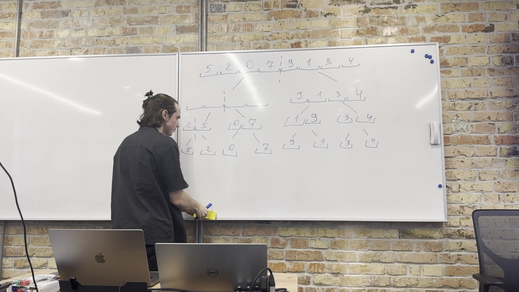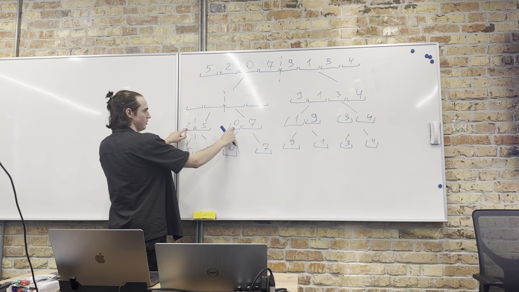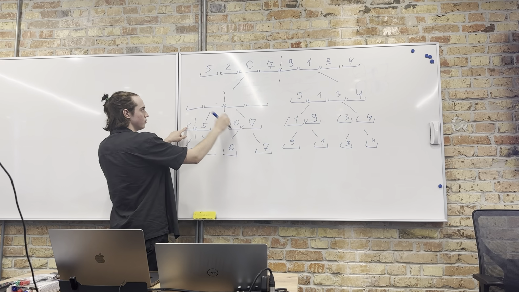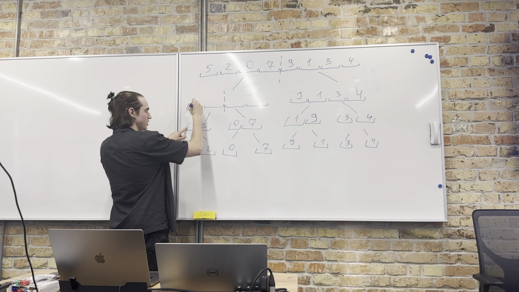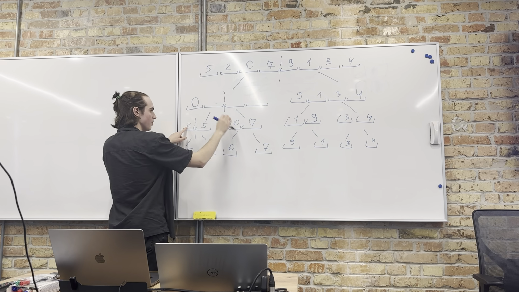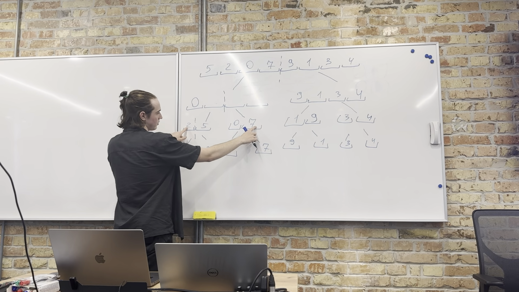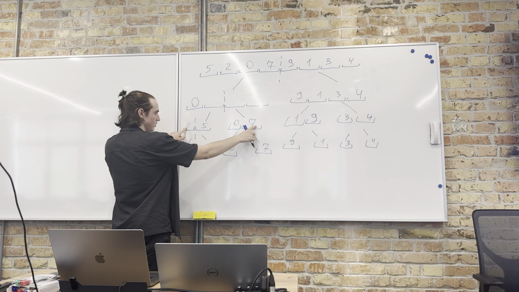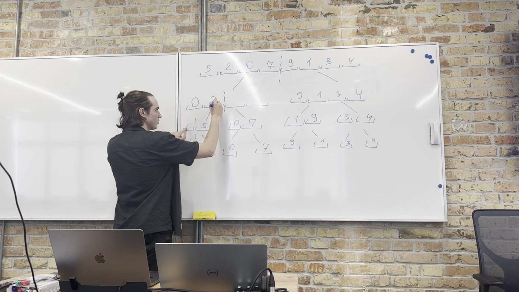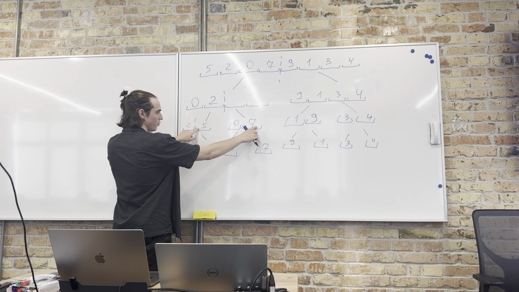We're checking first elements. Okay, 2 is bigger than 0, so the first element will be 0. Then we already put 0 in here, so we move in here. And we're checking, 2 is less than 7, so we will write 2 here and move here.